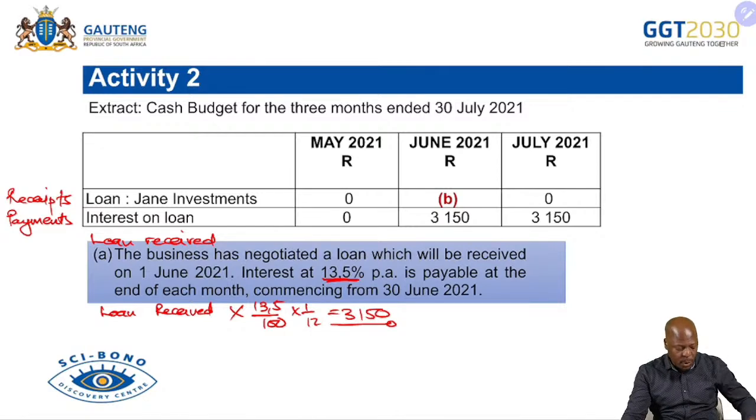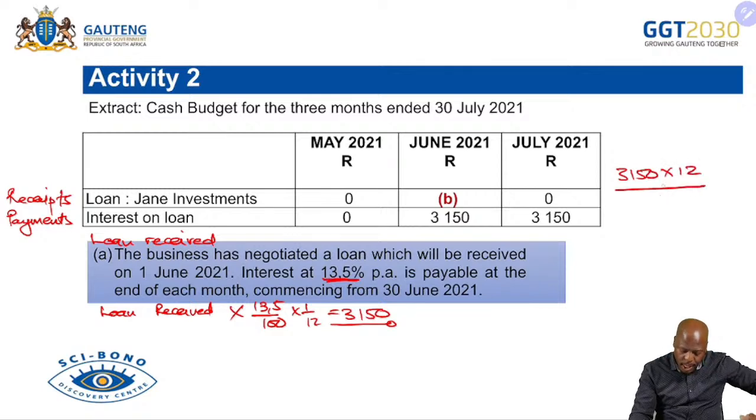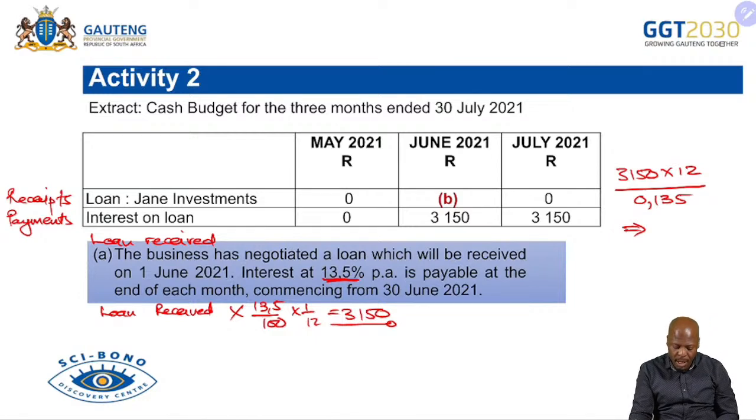And if you remember what we did earlier on, we were able to solve this more easily. Let me show you that you can simply say 3,150 multiplied by 12, and then divide it by 13.5%, that becomes 0.135. If you do that, please punch that in your calculator and tell me how much you get.